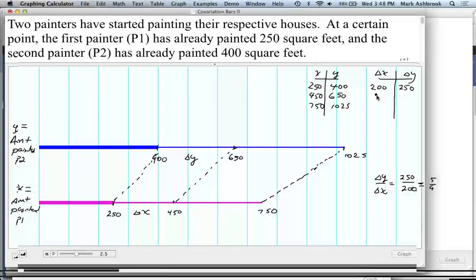So what was that change? You said you took the change from 450 to 750. What is that change? Oh, that's 200. Wait, that is 300. Okay. And that is 375.